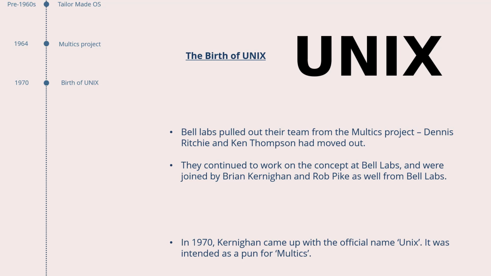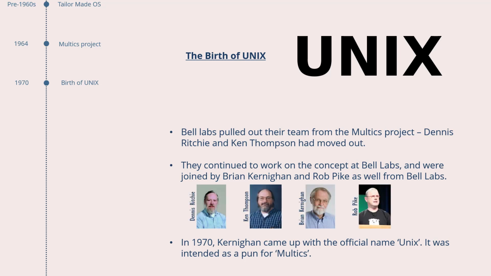In 1970, Kernighan came up with the official name Unix. It was intended as a pun for Multics. Here are pictures of four of them: Dennis Ritchie, Ken Thompson, Brian Kernighan, and Rob Pike.